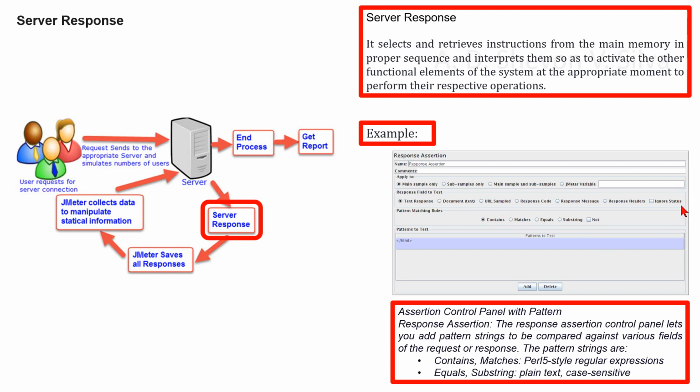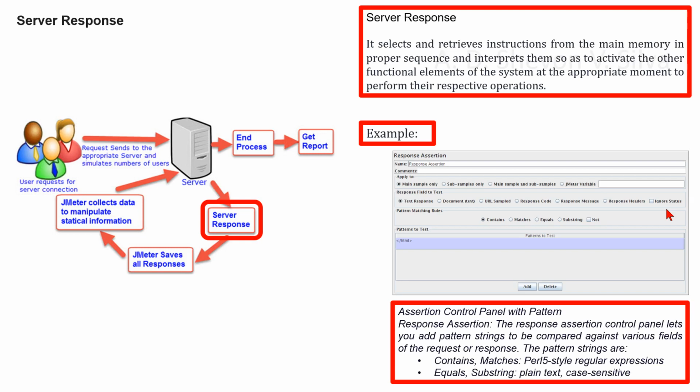Ignore status instructs JMeter to set the status to success initially. The overall success of the sample is determined by combining the result of the assertion with the existing response status. When the ignore status checkbox is selected, the response status is forced to successful before evaluating the assertion. HTTP responses with statuses in the 4xx and 5xx ranges are normally regarded as unsuccessful.